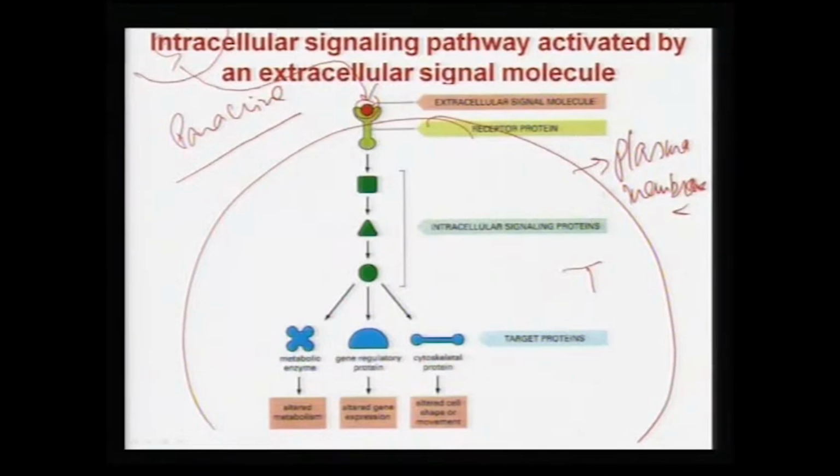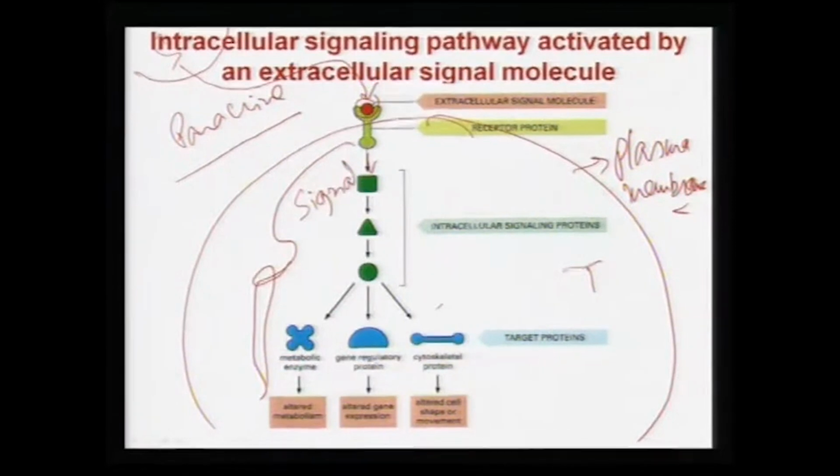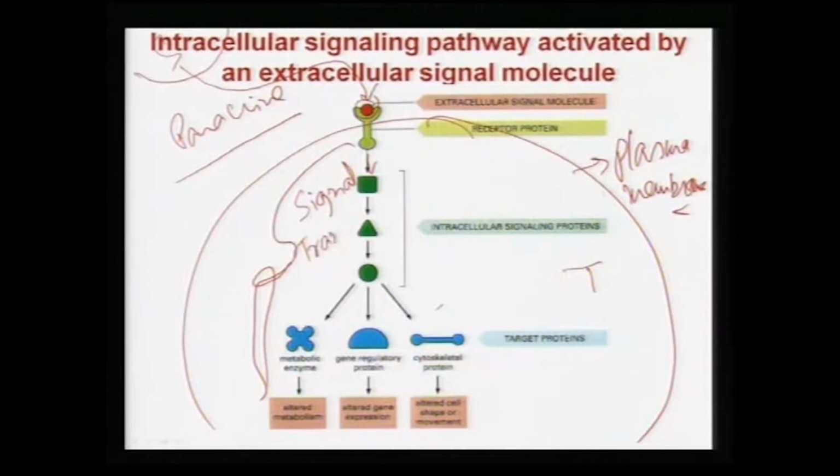Now, once this is activated, what will happen? This will activate, and this is known as the signal transduction mechanism. Signal transduction mechanism means once the receptor proteins are activated in the target cell, what will happen?